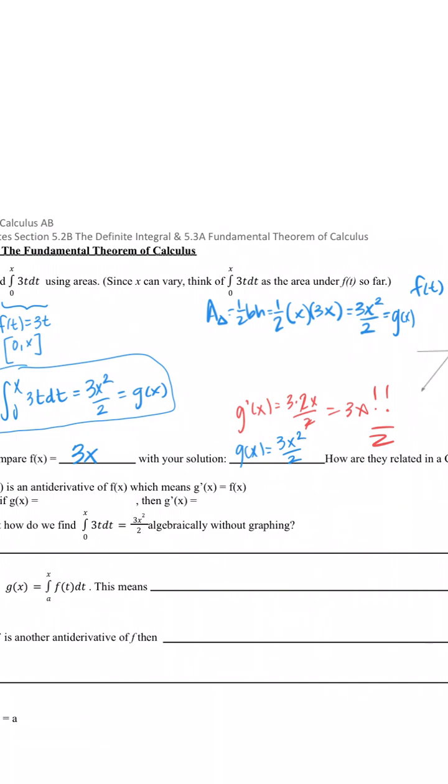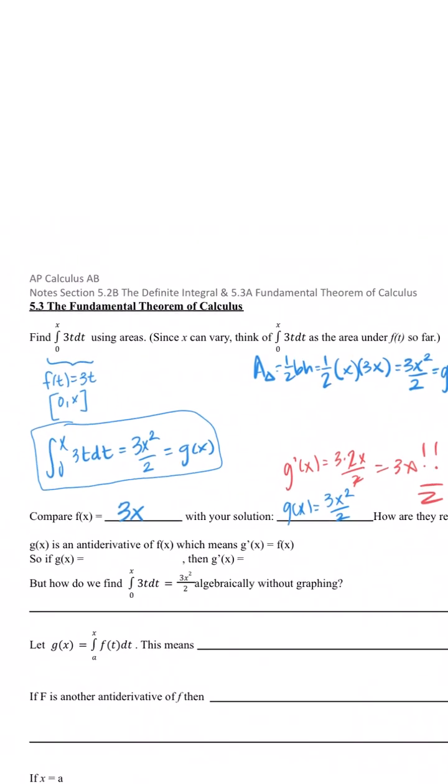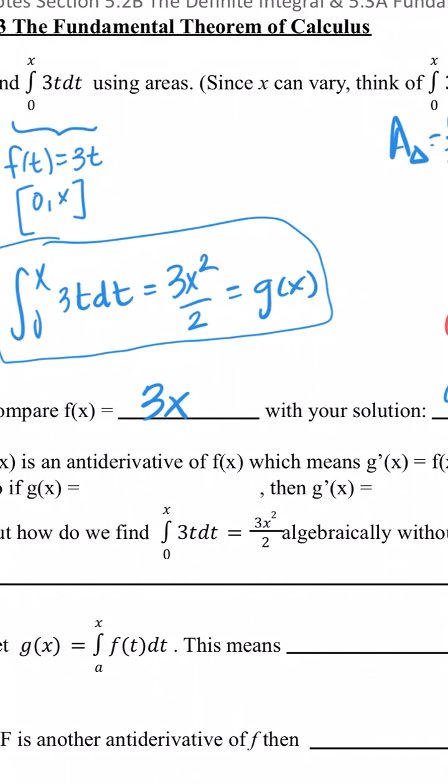So if g of x is equal to the integral from 0 to x of f of t dt, then g prime, if I take this expression and take its derivative with respect to x, the derivative of the integral from 0 to x of f of t dt, is equal to f of x.